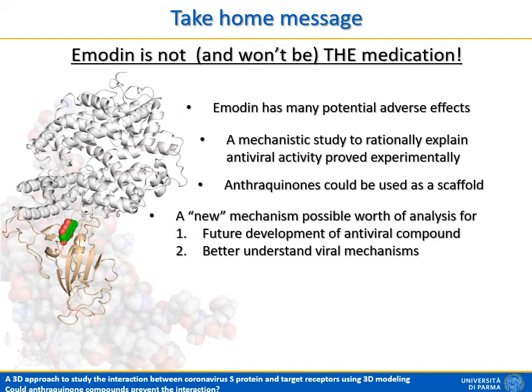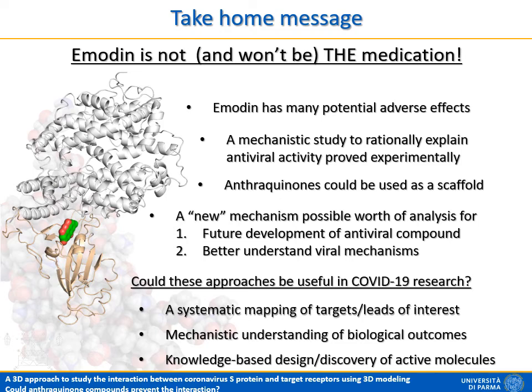And such a mechanism of action could be used to design Emodin-based compounds with a higher activity and a lower toxicity, but also to design completely unrelated molecules able to target and to bind such a region, preventing the interaction between the spike protein and the human target receptor.